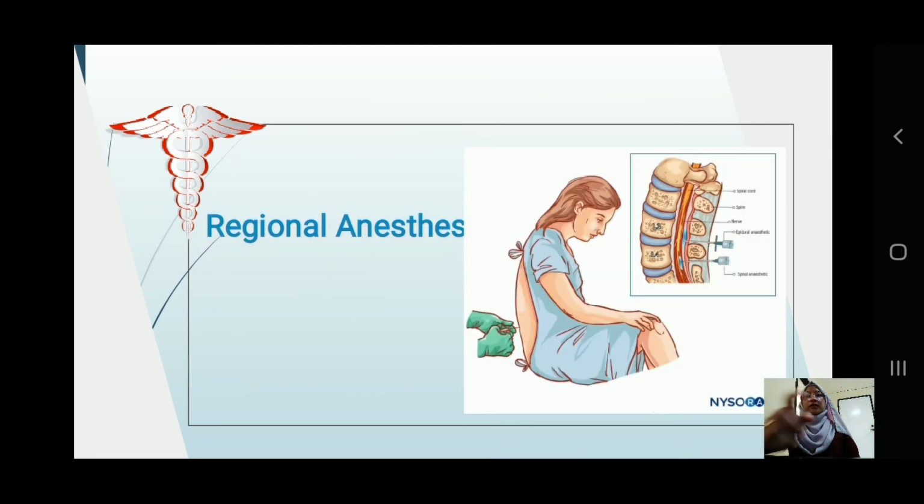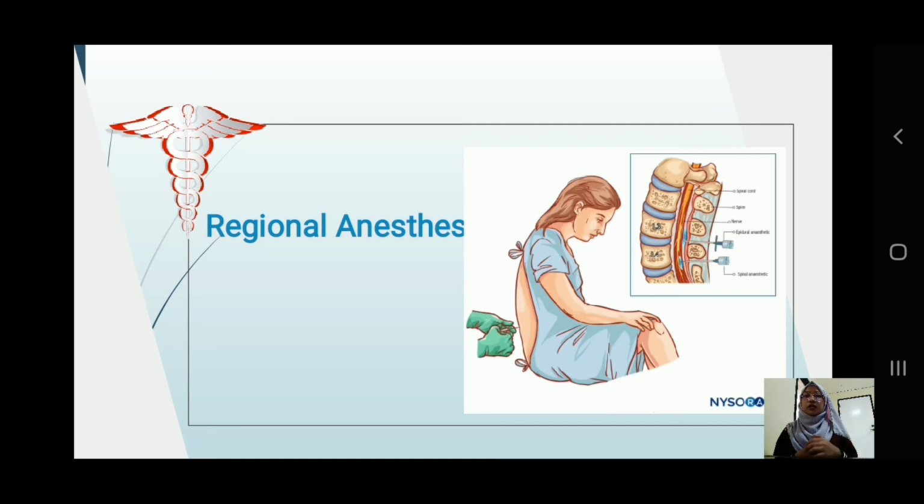So regional anesthesia makes a specific part of the body numb to relieve pain and allow surgical procedures to be done. It involves injection of an anesthetic into the epidural space of the spinal cord.